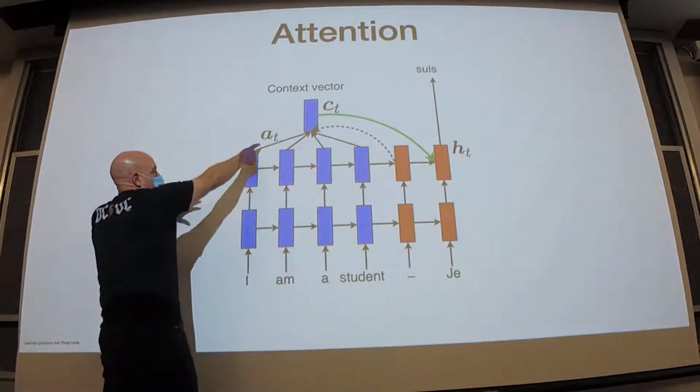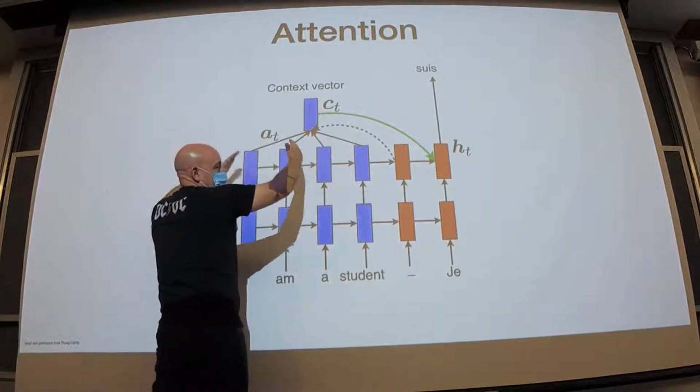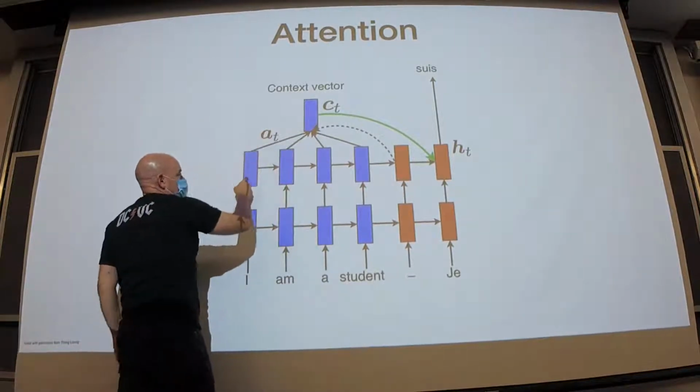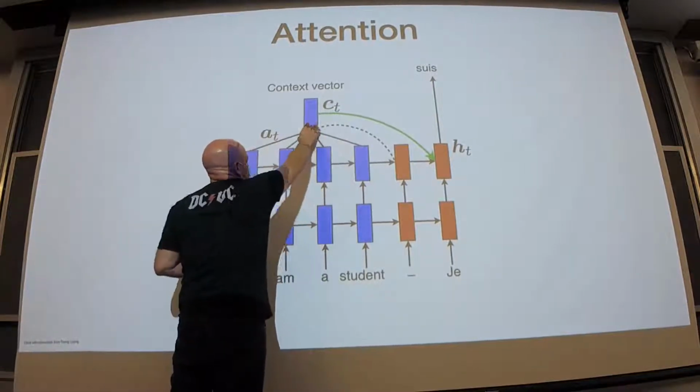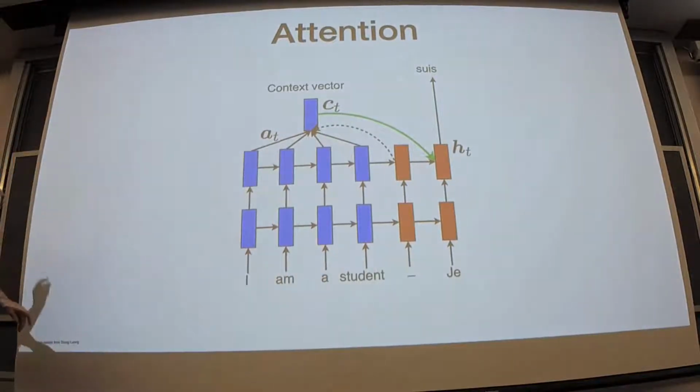And then we used those as coefficients in a linear combination, meaning we took the first coefficient, multiplied it by this vector, the second multiplied by this vector, and so forth. Added those all together, and that gave us this context vector that then became the hidden state, the input to the hidden input to the next stage of your decoder.